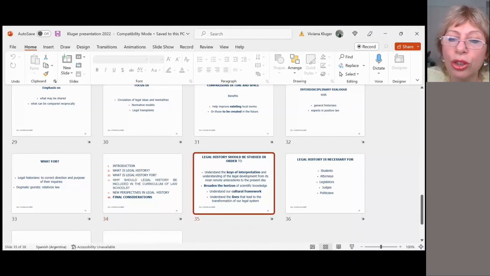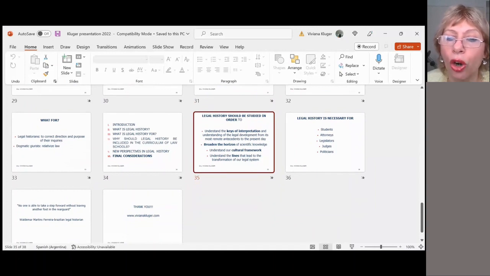So let's move to my final considerations. Legal history should be studied in order to understand the keys of interpretation and understanding of legal development from its most antecedent to the present day.